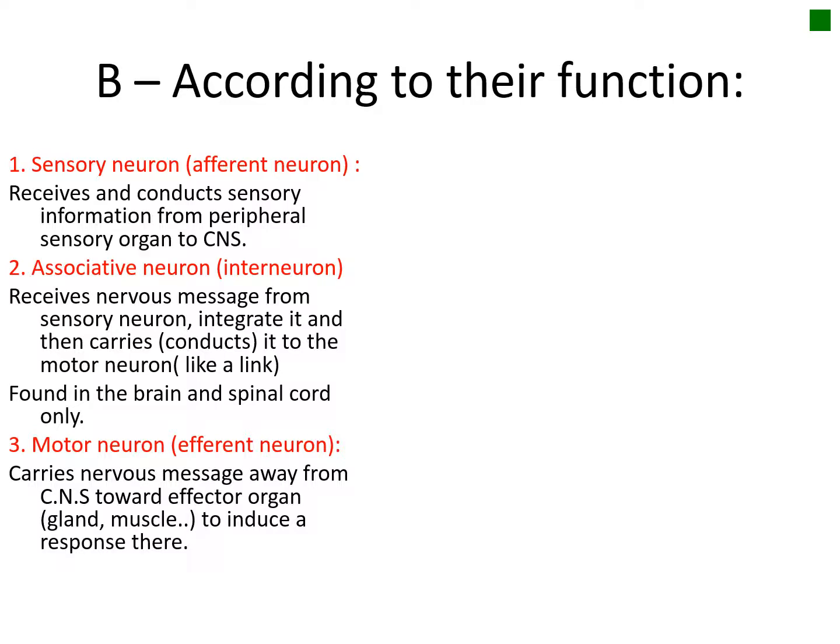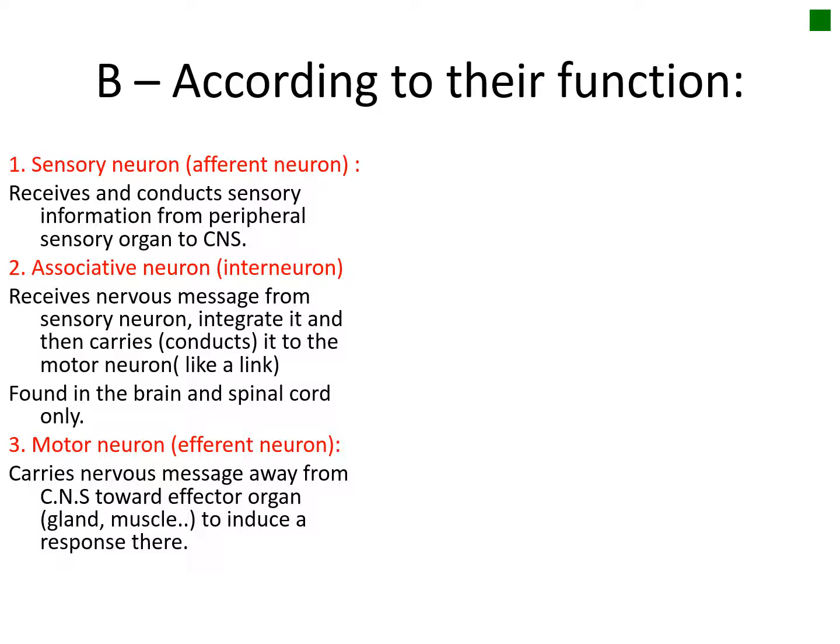The associative interneuron receives nervous messages from the sensory neuron, integrates them, and then conducts them to the motor neuron. It's like a link between sensory and motor. Usually it's found in the brain and spinal cord only.